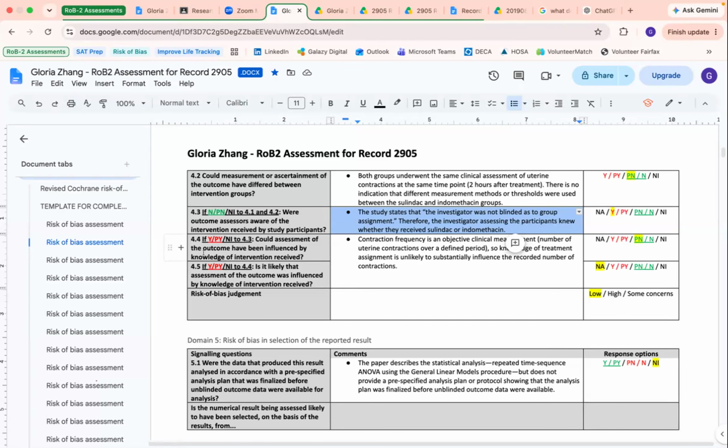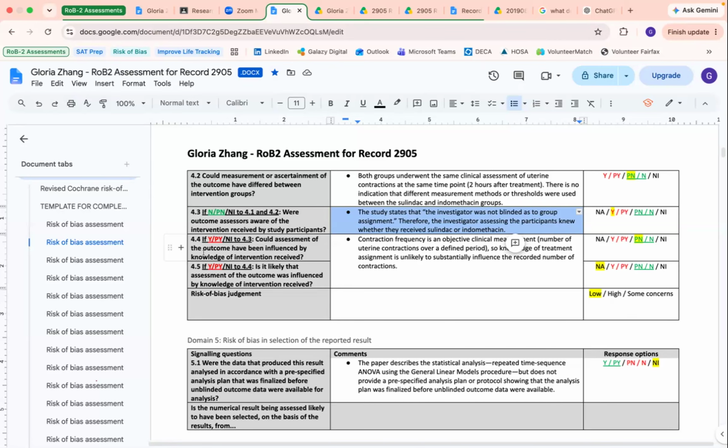I'm currently assessing the outcome regarding the Doppler ultrasound examinations of the ductus, and it is explicitly stated that the primary investigator was the one who was measuring that.